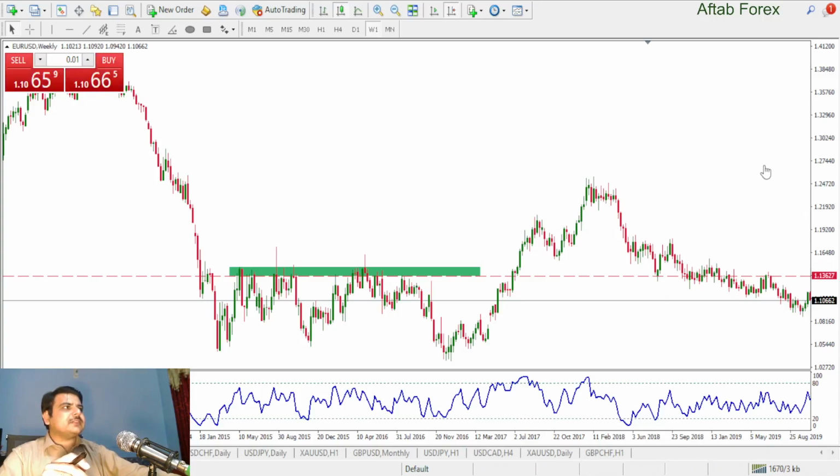And if we further study it, see right here, an initial rally started from right here, a 61.8% retracement. Just pay close attention. Completion was somewhere else, but market took a double top.